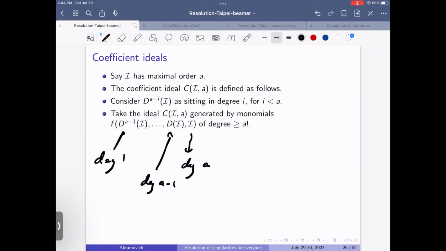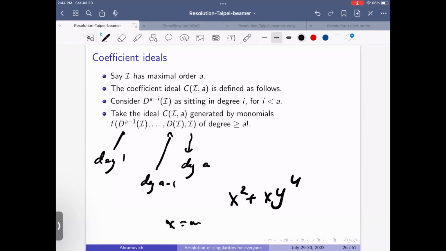So what does this do for you? It combines all possible coefficients.